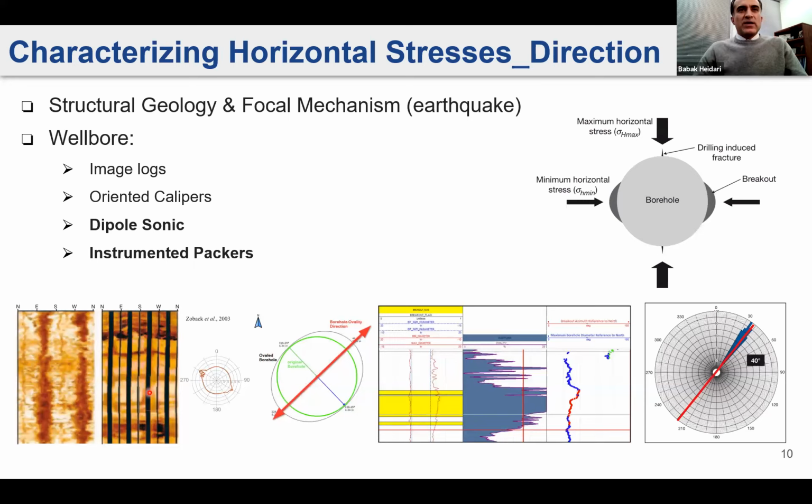But you should be very careful with this data because it can easily be misleading and needs to be properly screened. This is from one of my papers, where I screened the data, highlighted the interval, and picked the interval which I found representative of a breakout, because there are other borehole features, for example key seats and washouts, that can easily be assumed to be breakout and induced fracture, but they are not.